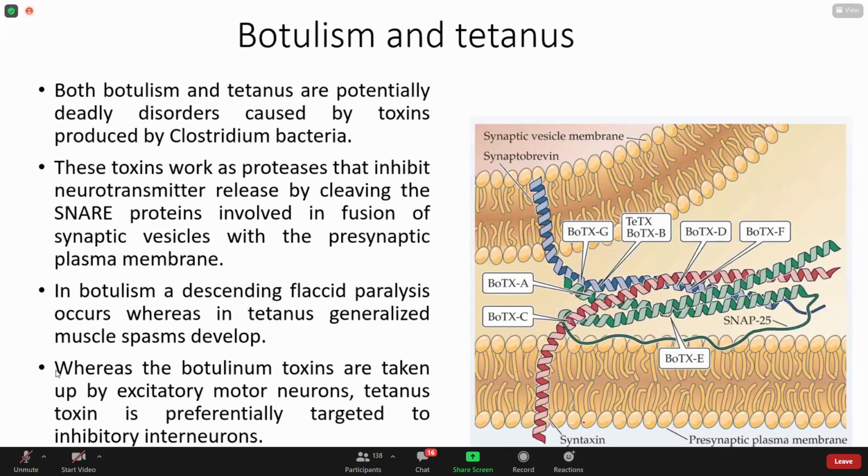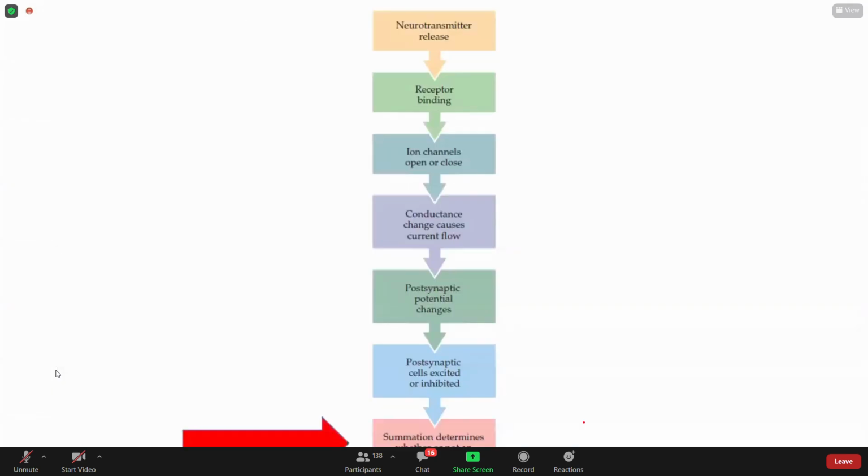Whereas in tetanus, the toxins target the inhibitory interneurons. And when you don't have inhibition, you have overexcitation. Is this clear? Very good. Questions? We'll move to the last part.